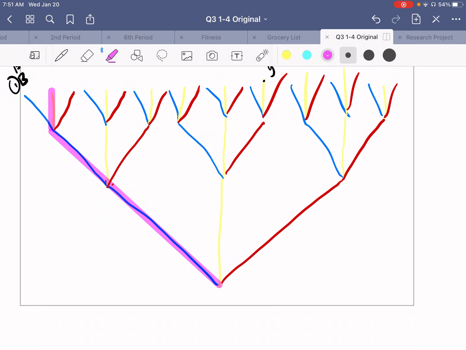However, if we look at these next 3, since the second spin is yellow, all 3 of those are going to have at least one yellow, right? Because the second spin was yellow. And if now we go to this third cluster, only this middle one is going to have a yellow because the third spin was yellow. This one was blue, red, blue, and this one is blue, red, red, so there's no yellows there.